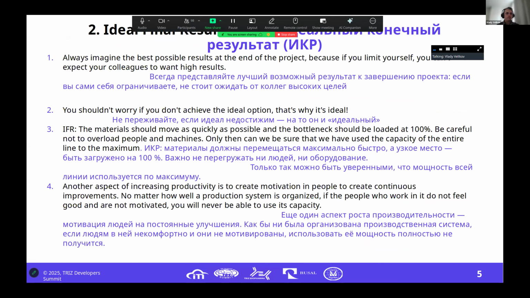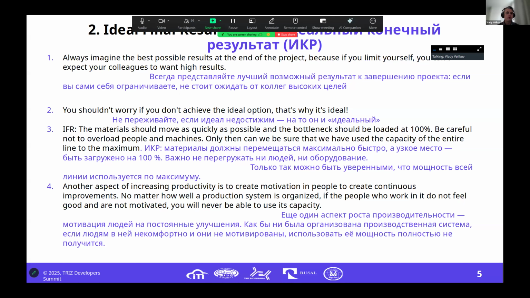After that, I create my ideal state, and first always imagine the best possible results at the end of the project. Again, this I repeat. After that, you shouldn't worry if you don't achieve the ideal option, because it's ideal. And I define it clearly that the materials should move as quickly as possible and the bottlenecks should be loaded at 100%.